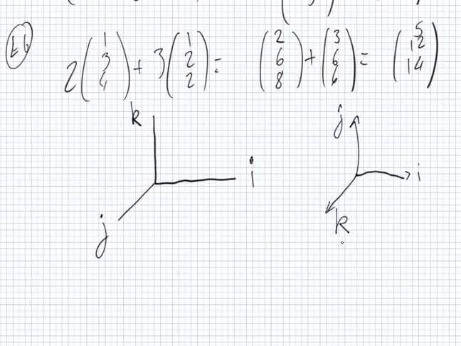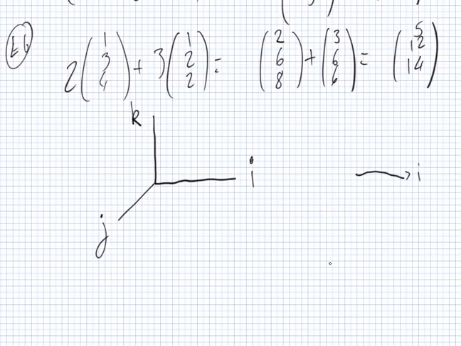Isn't J supposed to be... Not in 3 dimensions, actually, which I know is unfortunate. The I is horizontal, the J is going towards you, and the K will be the vertical one then.